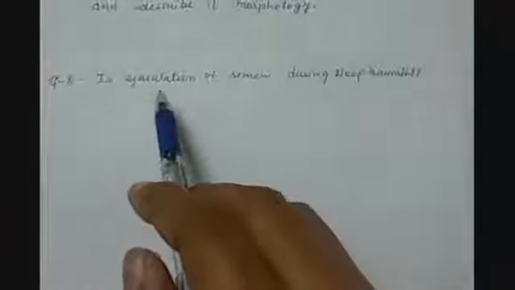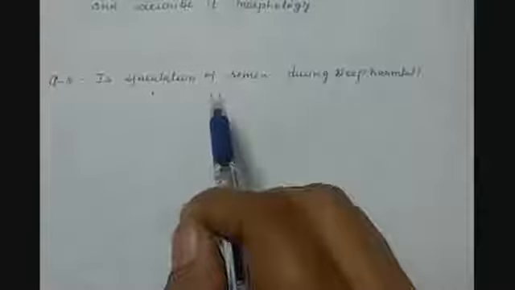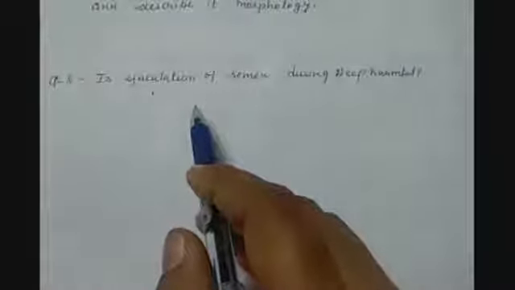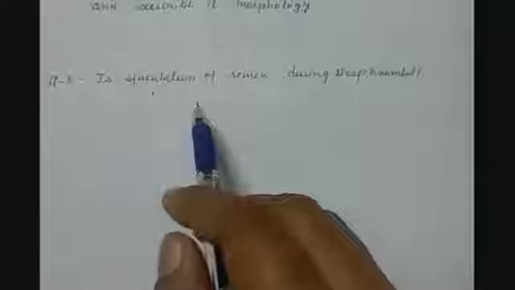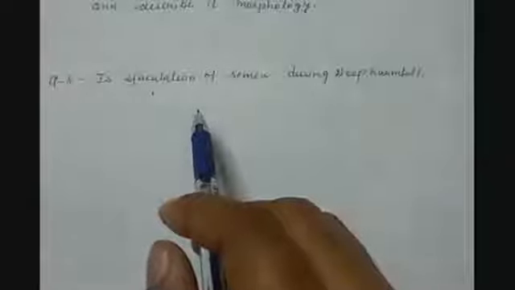Because of that, ejaculation of semen takes place. Because of the ejaculation of semen, the males can be awake because there are muscular contractions.